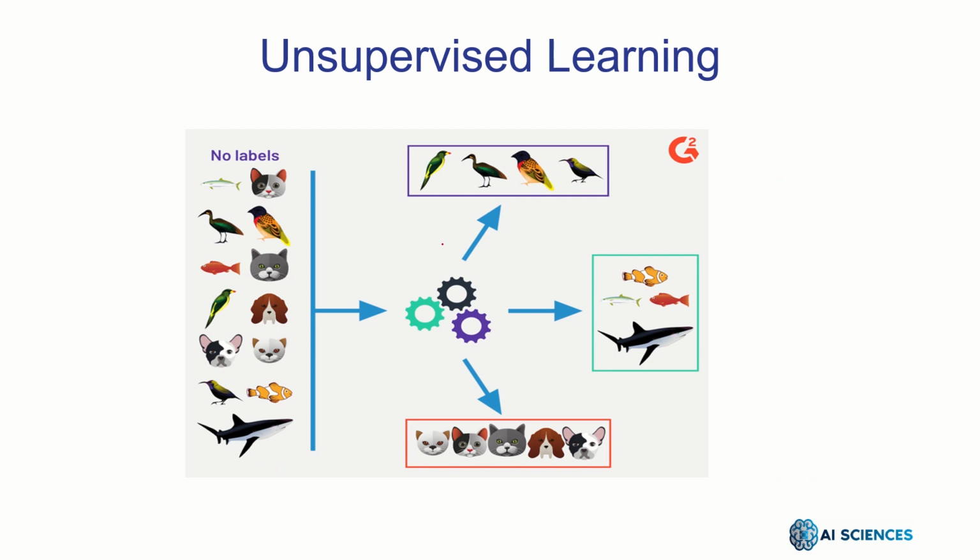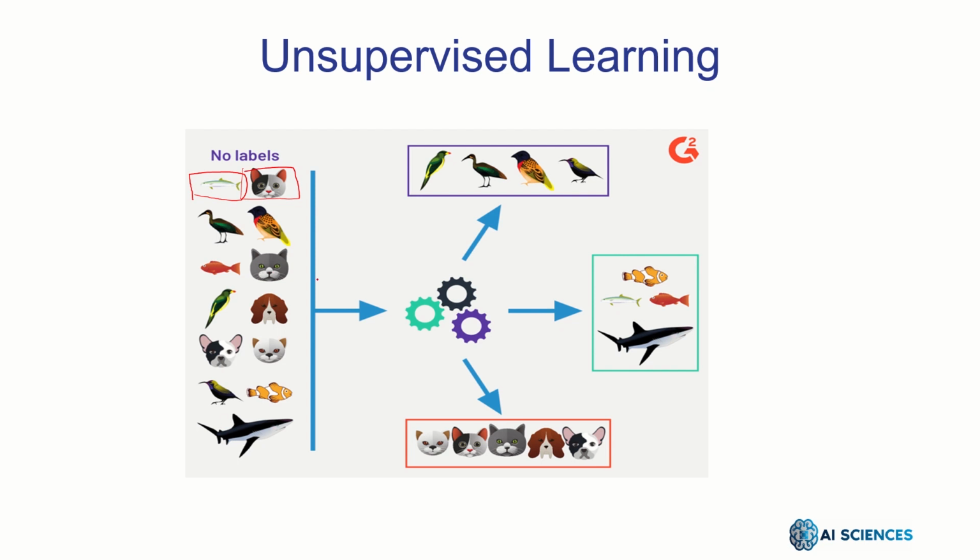Okay, there is another learning method, or model, which is called unsupervised learning, in which the labels are not available. We do not know what class label this particular object has, and so on.